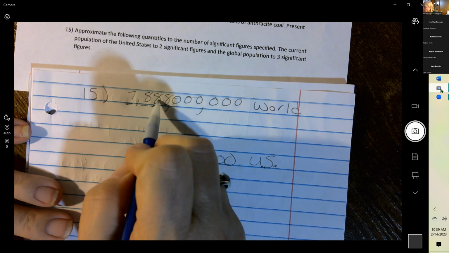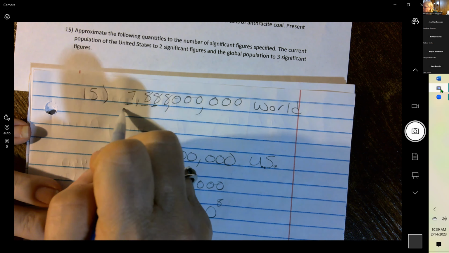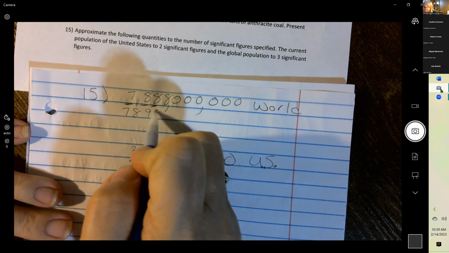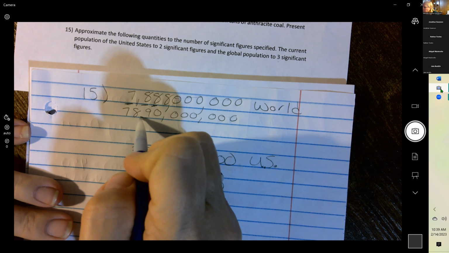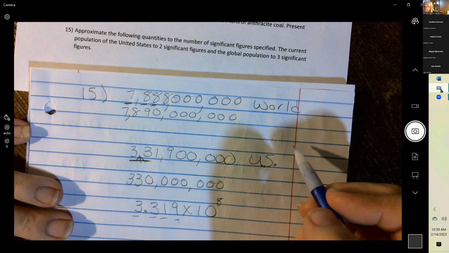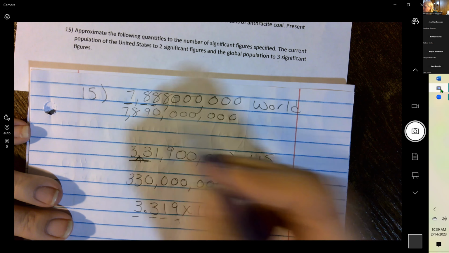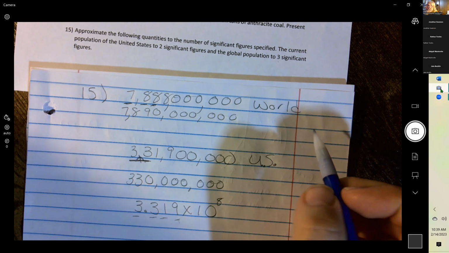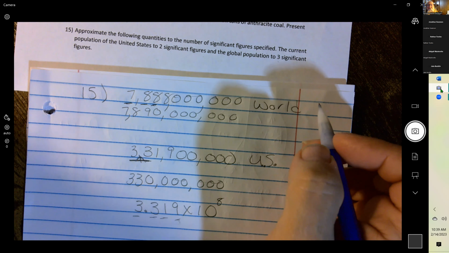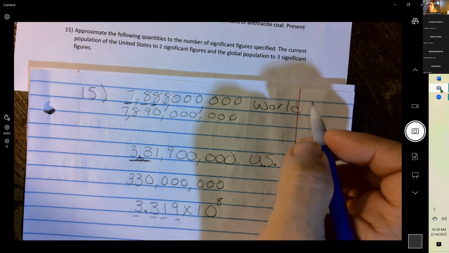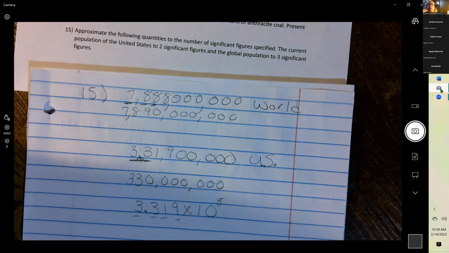This 8 will round that to a 9. Any questions on that? Is everyone all right with the significant figures or significant digits?